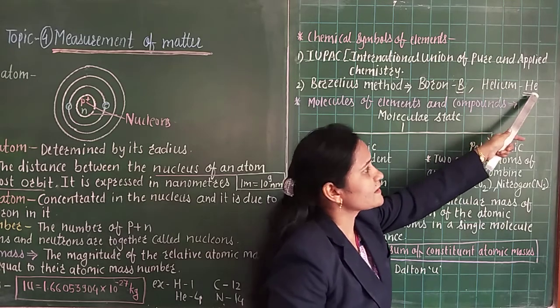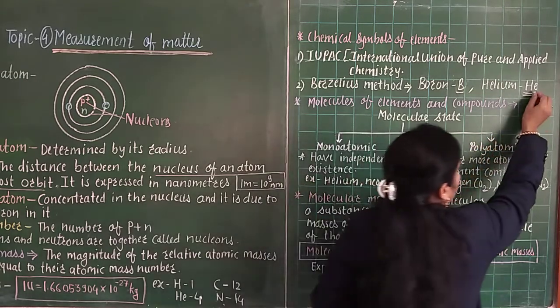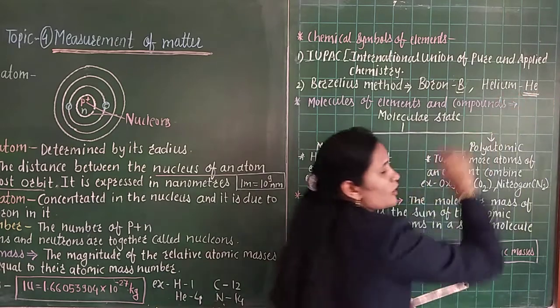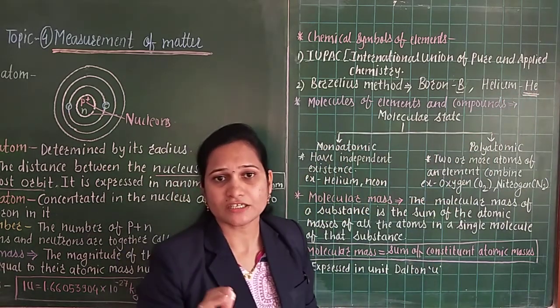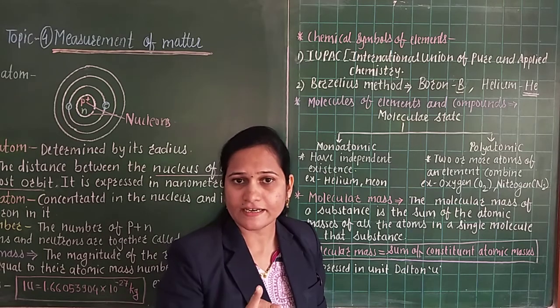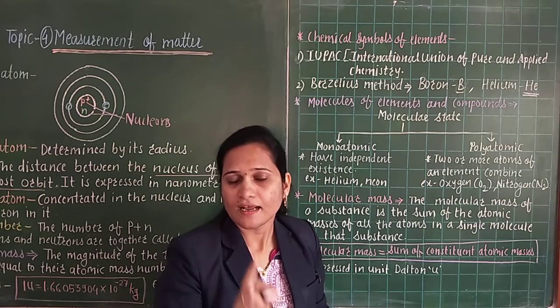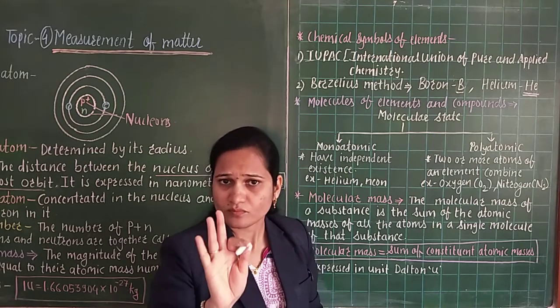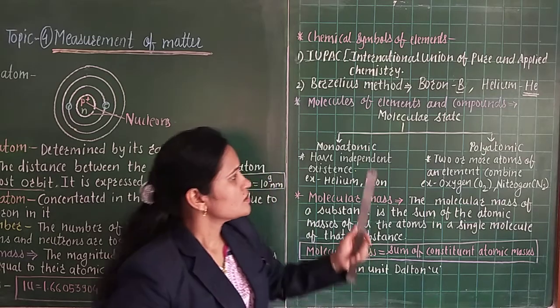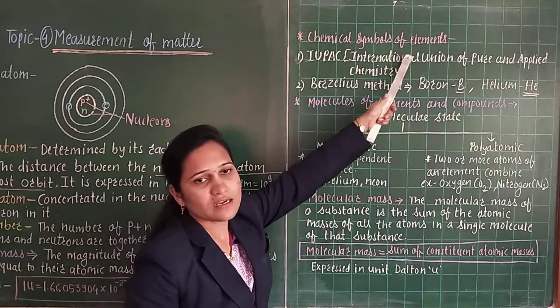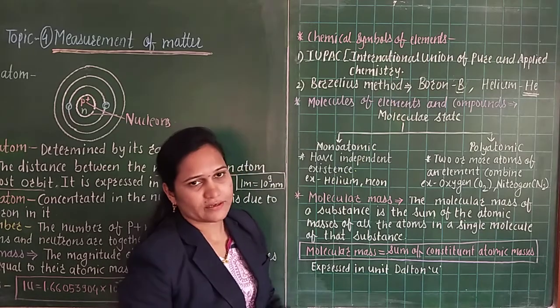But that next letter should be a small letter. That is, the symbol of helium is He. In that, the first letter is capital and the second one should be a small letter. So this is about the chemical symbols of elements.